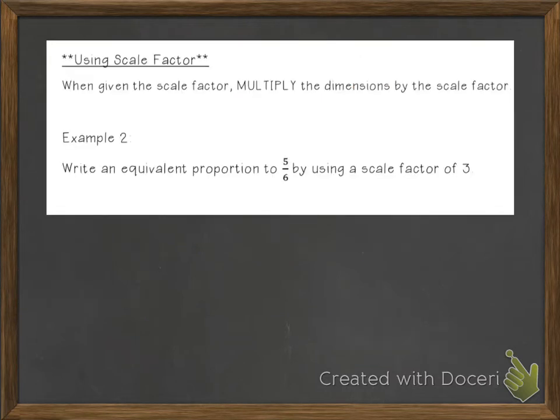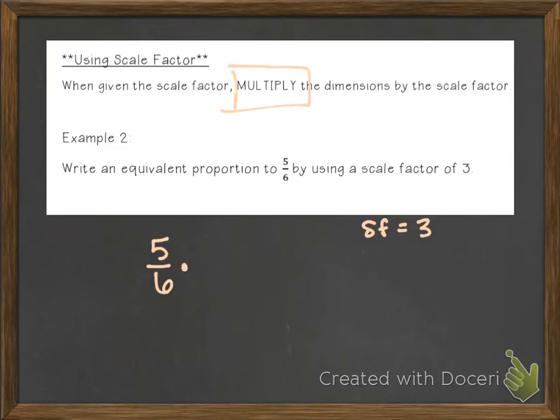Number 2, using scale factor. So when given the scale factor, we multiply the dimensions by the scale factor. So it says write an equivalent proportion to 5 over 6 by using a scale factor of 3. So scale factor of 3 means that we multiply by those dimensions.